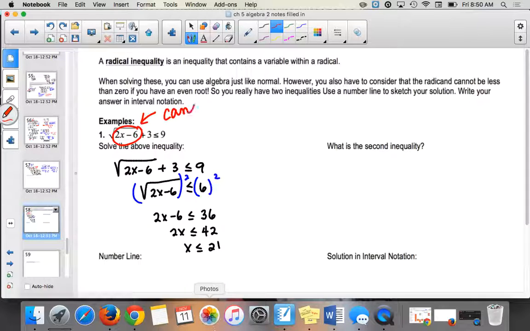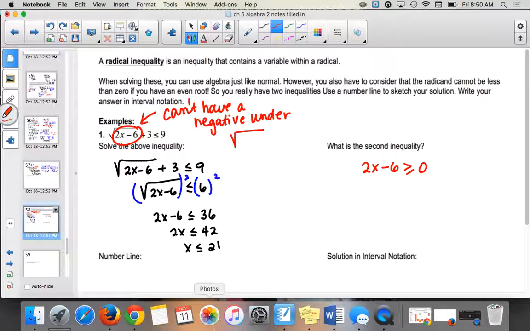We can't have a negative under the square root. So that creates this inequality which says 2x minus 6 has to be positive or 0. So it has to be greater than or equal to 0.